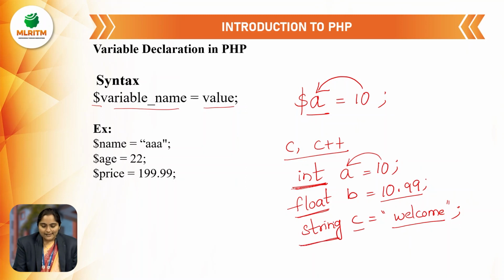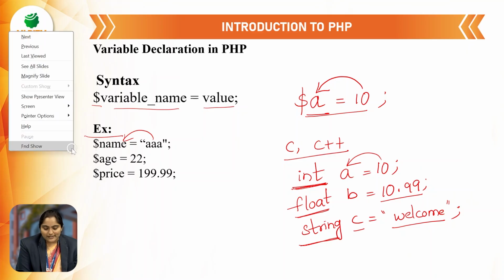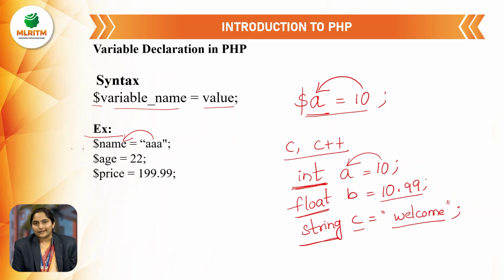But in case of PHP, we are not supposed to specify or mention any kind of data types before declaring a variable. So $a is equal to 10, which is enough. And see, here I have given one example. $name is equal to, here I'm storing a string into the variable name, but here I'm not specifying any kind of data type.